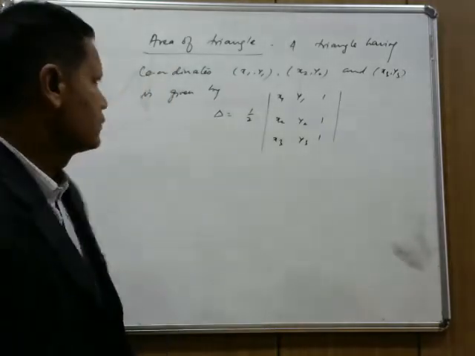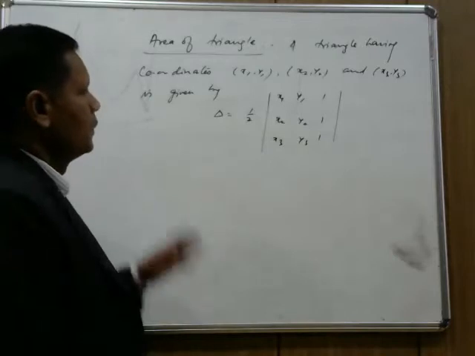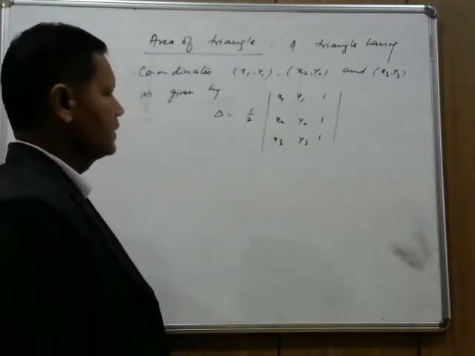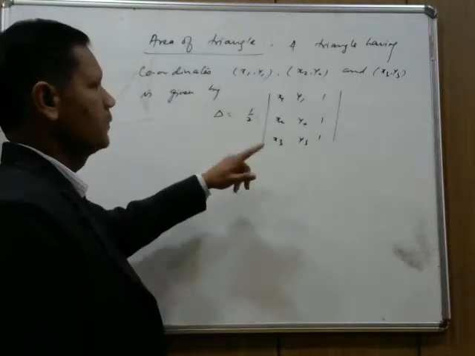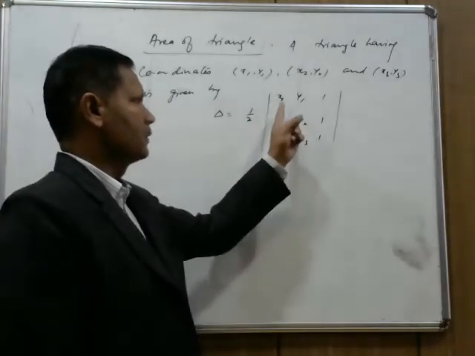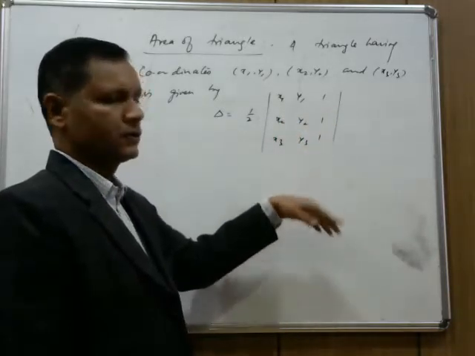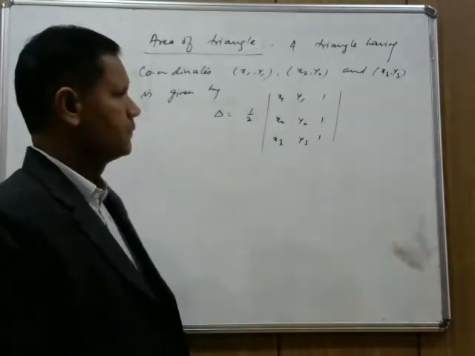Now, two or three things we have to take care of. When the points are collinear, then the area of the triangle will be 0. In that case, no need of writing half. Simply you can write the value of the determinant x1 y1 1, x2 y2 1, x3 y3 1 equal to 0.